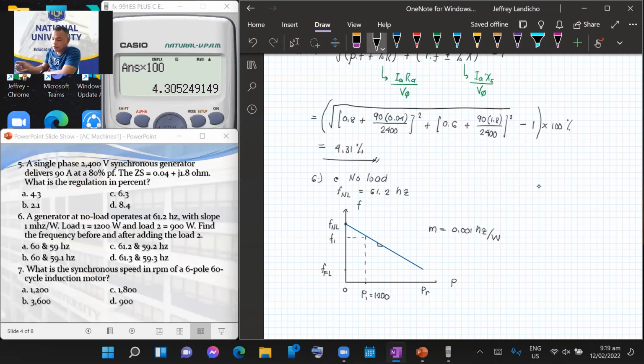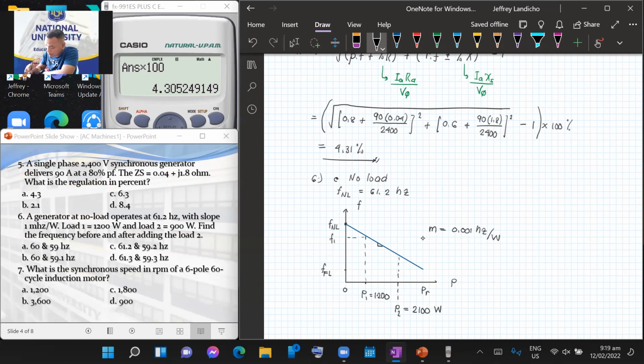After connecting load 1 of 1,200 watts, we connect load 2. We know load is just additive, so the output power of your alternator is already 2,100 watts, because load 1 and load 2 are both connected.